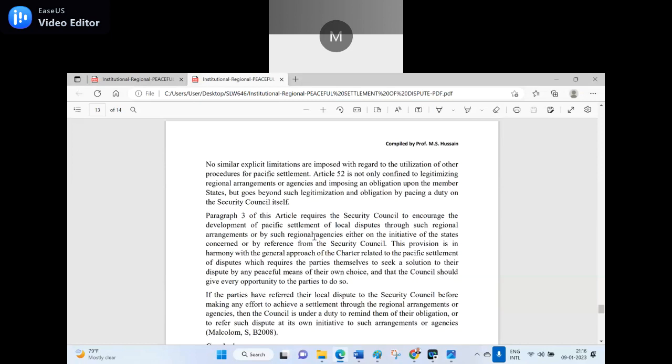Sometimes it's difficult to remember which article in the Charter says what. In each region there are member states. It means that the regional agencies and regional institutions have to send the report. If they fail to do so, then the last resort is that the Security Council will come into the picture.